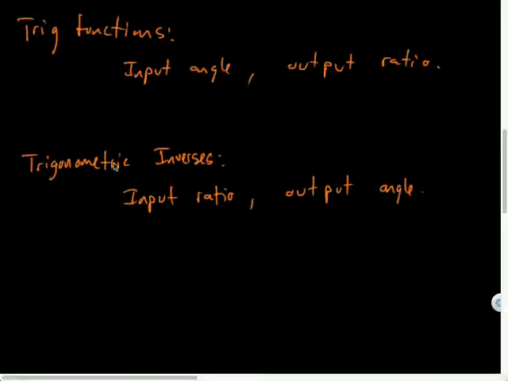And the way these trig inverses look, so for this we had sine theta, cosine theta, tan theta, etc. In this case, the trig inverses actually have two potential looks. I'm personally fond of one notation style of them, but you should know both, where I'll have sine inverse of some ratio, and it's equal to an angle.